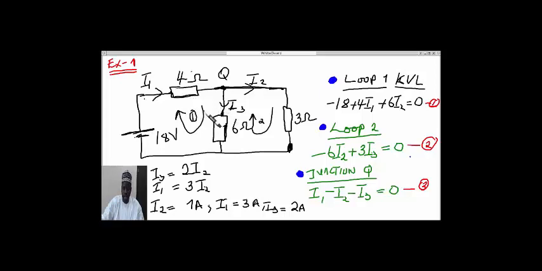But if it is against my direction of going around the loop, then the potential drop is negative. So with these 2 things, we can now consider loop 1.